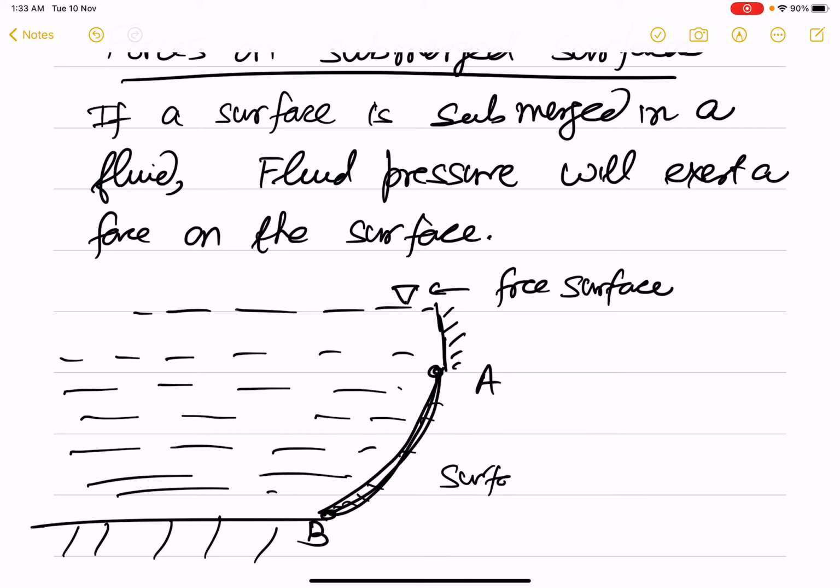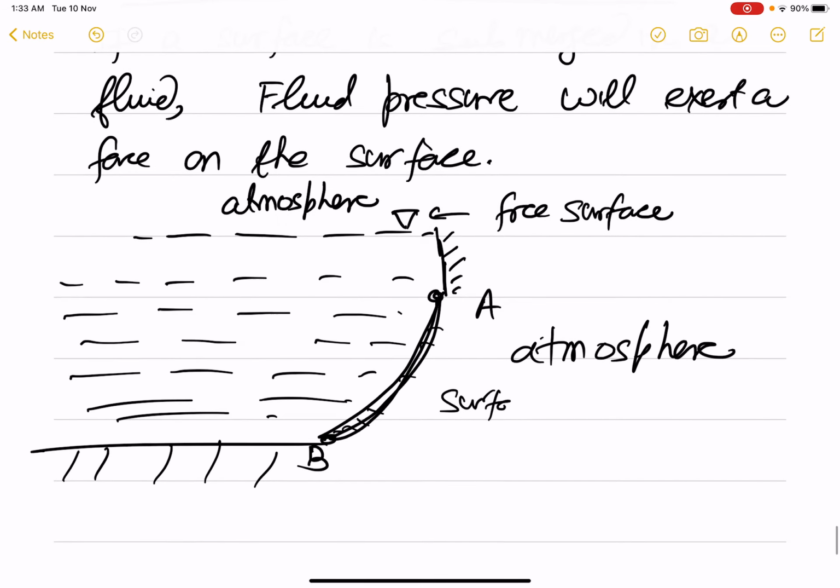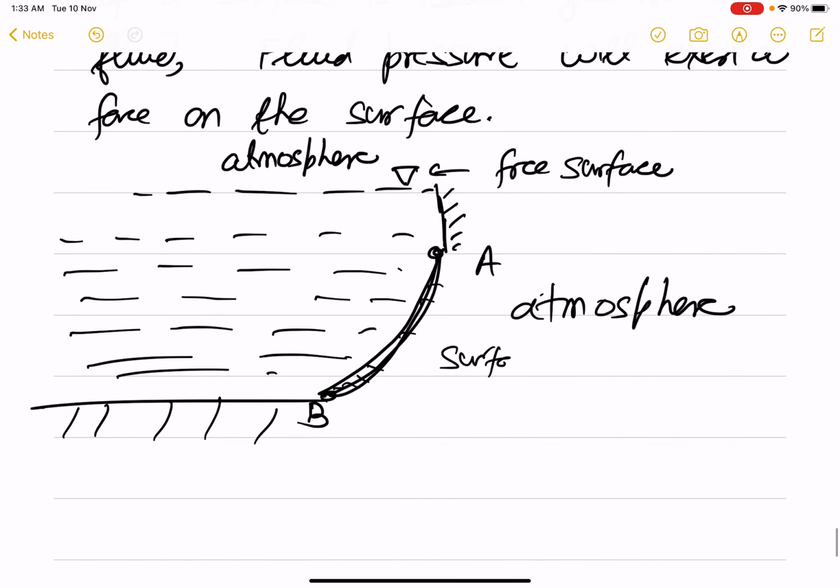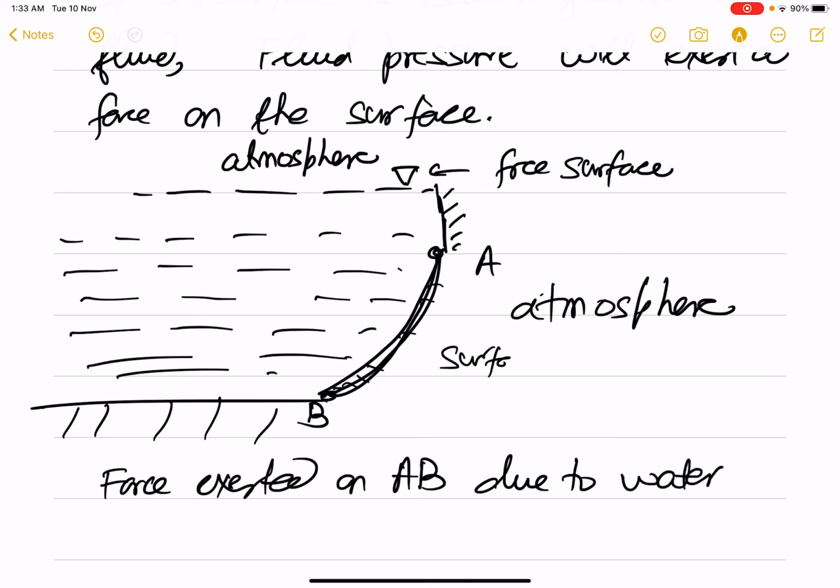On the other side, this is exposed to atmosphere, and similarly at the top we have atmosphere. So now what we are trying to say is how much is the force exerted on AB due to water.